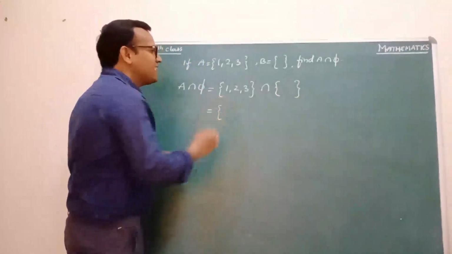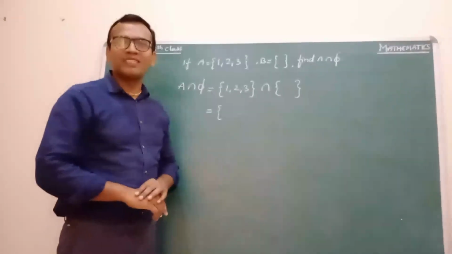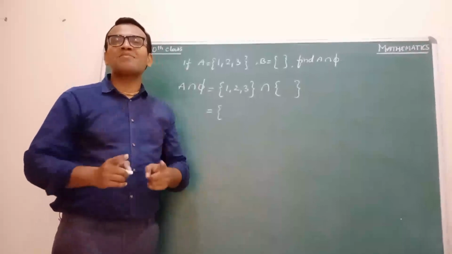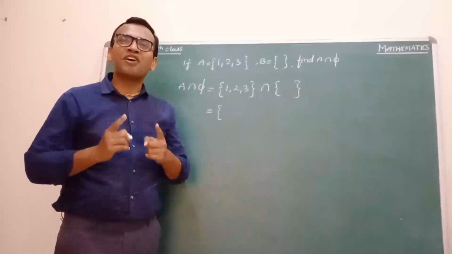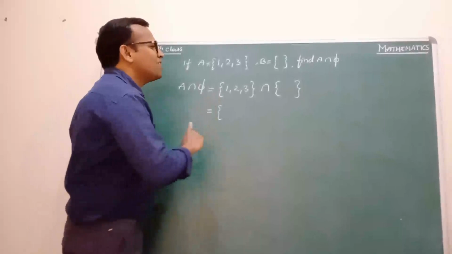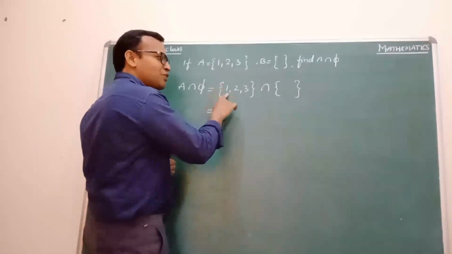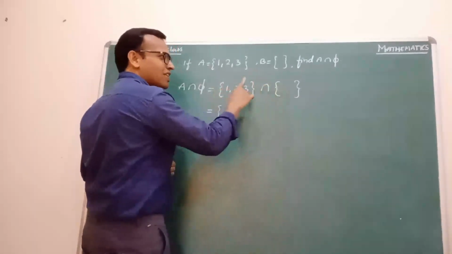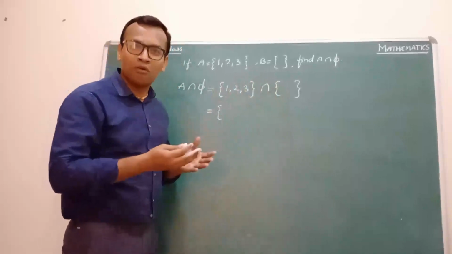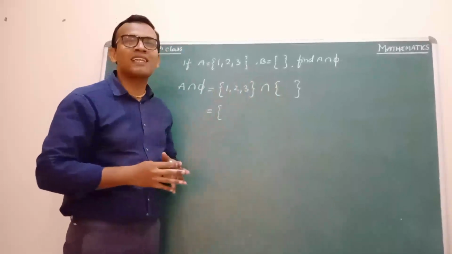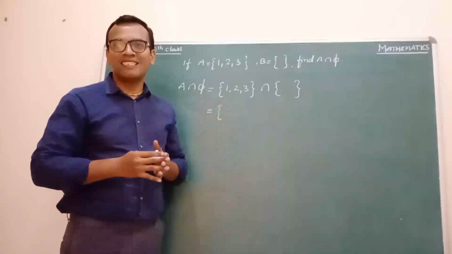Now, what is the intersection of sets? We already know intersection of sets is nothing but the set of the elements in common for both the sets. So, which element is common in both sets? Is 1 common? 2 or 3 common? No. So, we can clearly find that there is no element in common.